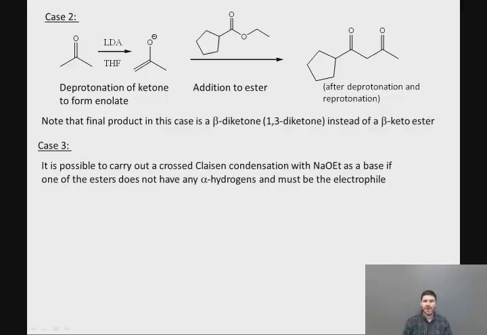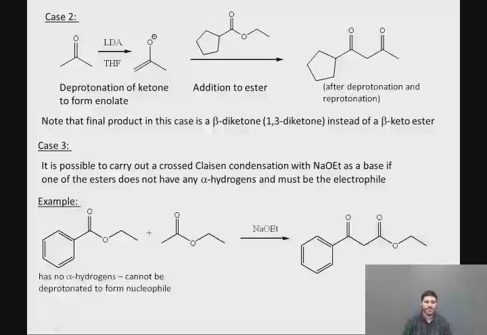Okay, now there is still a case 3 for this reaction. I know I only put 2 cases on the previous slide, but there is a case 3. And it is possible to carry out a crossed Claisen condensation with sodium ethoxide as the base instead of using LDA if one of the esters does not have any alpha hydrogens and therefore must be the electrophile.